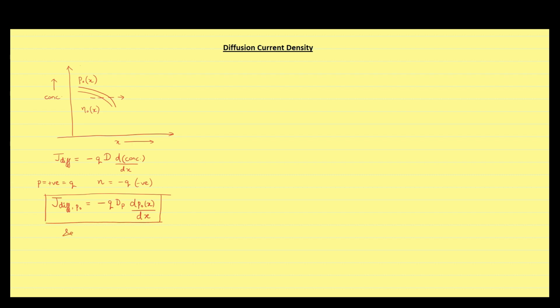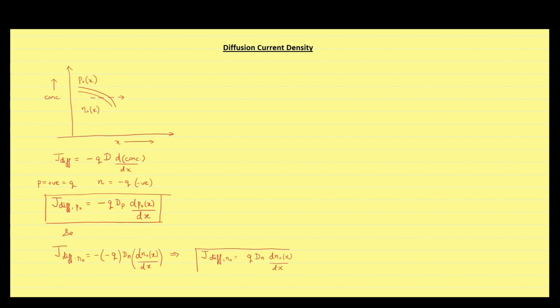Similarly, diffusion current density for free electrons is given as minus into minus q multiplied by the diffusion constant for free electrons multiplied by the gradient of free electron concentration, giving diffusion current density for free electrons equal to q multiplied by the diffusion constant of free electrons multiplied by the gradient of free electron concentration.